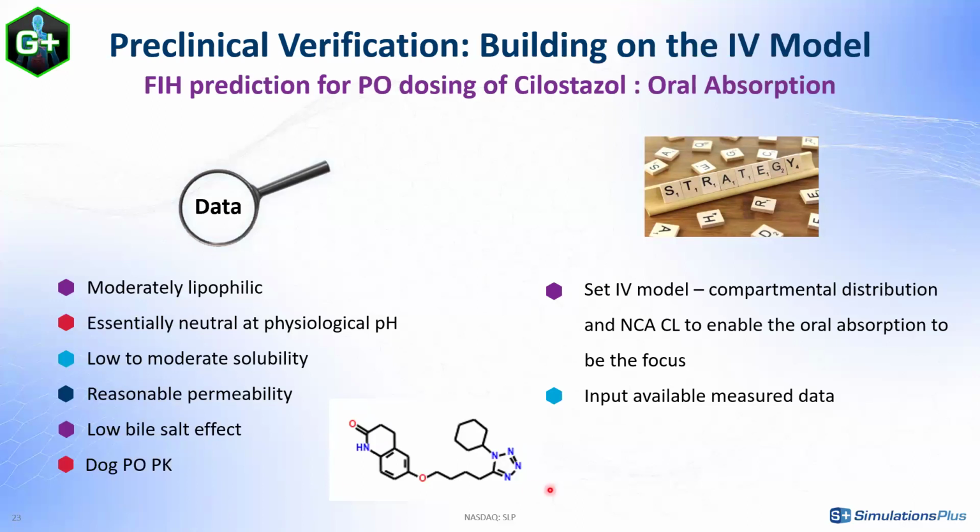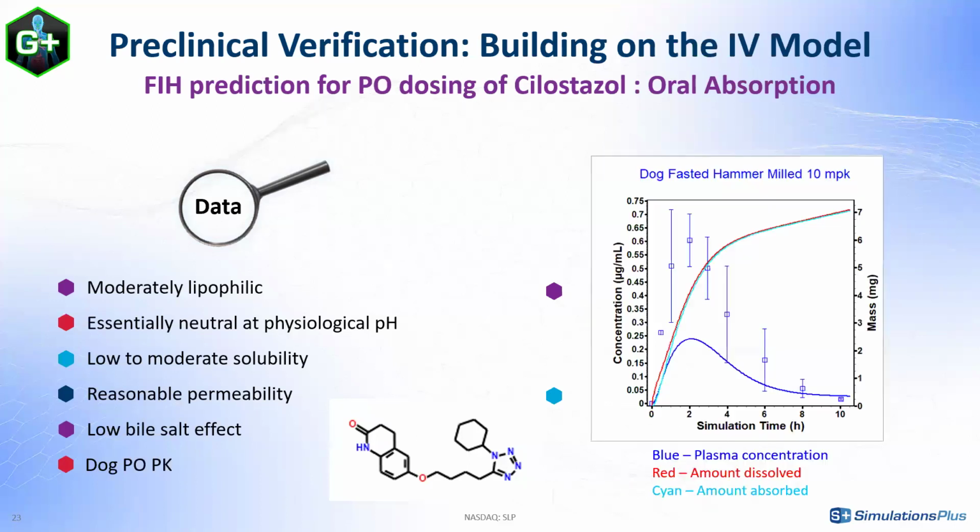And then we can input our available measured data. When we do this, you can see from the plasma concentration versus time plot that the exposure following a 10 mg/kg oral dose to the dog is under predicted. Again, the blue squares indicate the observed plasma concentrations, complete with error bars, and the blue line shows the simulated plasma concentrations.